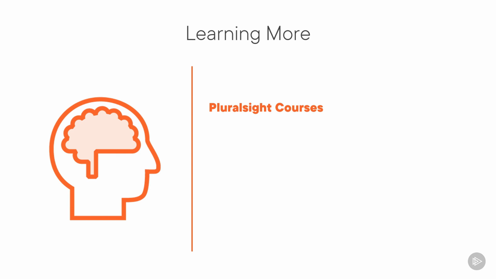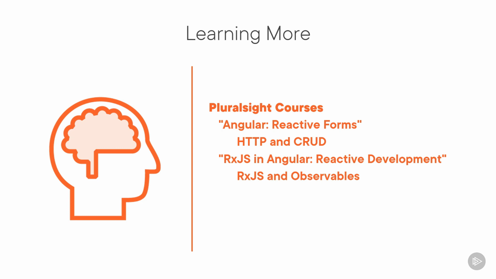Here are some related courses in the Pluralsight library. To perform create, read, update, and delete, or CRUD operations using HTTP, see the Angular Reactive Forms course. It demonstrates how to display, edit, and save data in Angular. For more information on RxJS and observables, see the RxJS and Angular Reactive Development course.